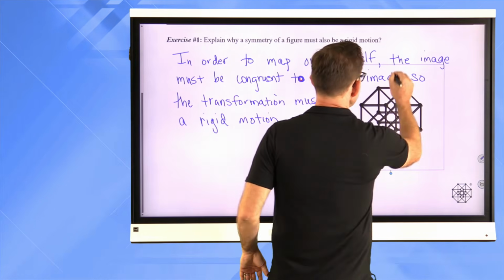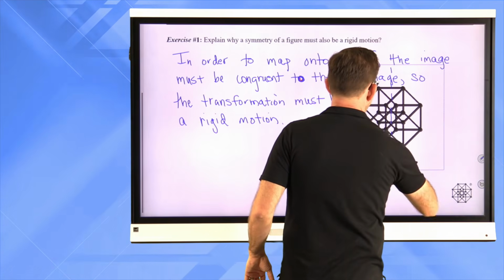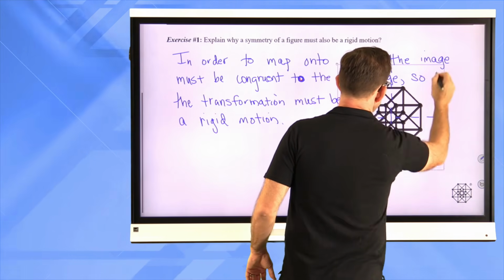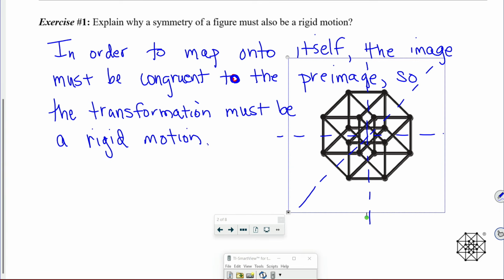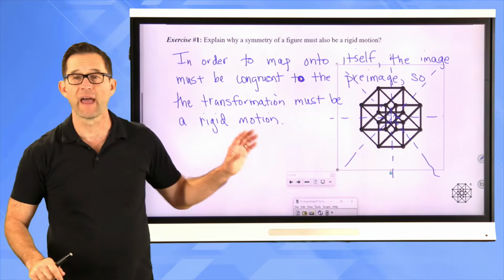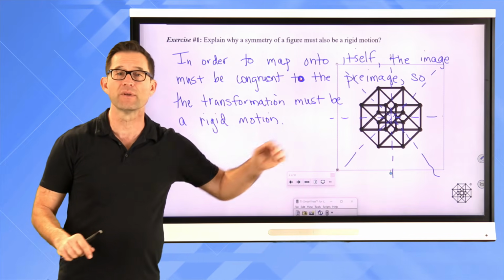Not just those rotational symmetries, but it also has those reflective symmetries. If I were to reflect the octagon over any of those lines, including other ones that I haven't drawn, it would get mapped onto itself.